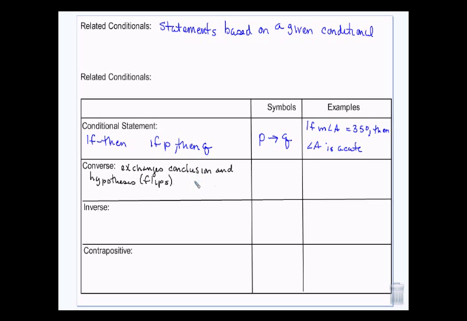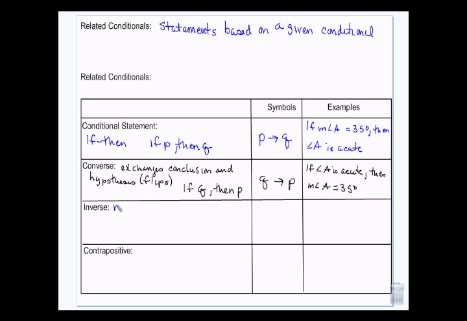So instead of being if P then Q, it's if Q then P. So if angle A is acute, then the measure is 35 degrees. So we took the hypothesis and made it the conclusion, and we took the conclusion and made it the hypothesis. We flipped them. Okay.